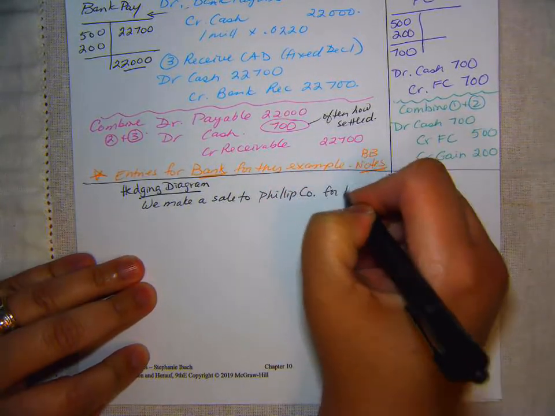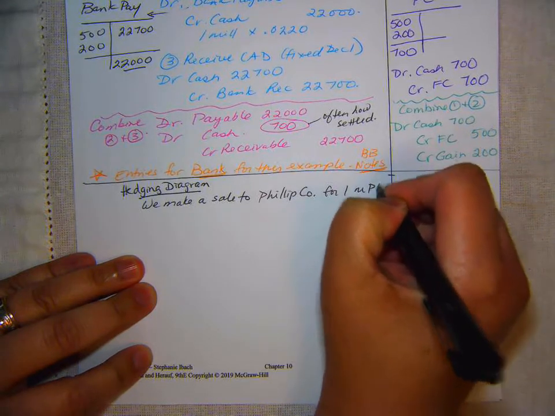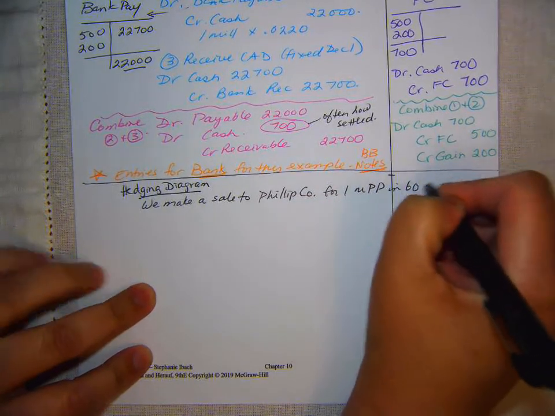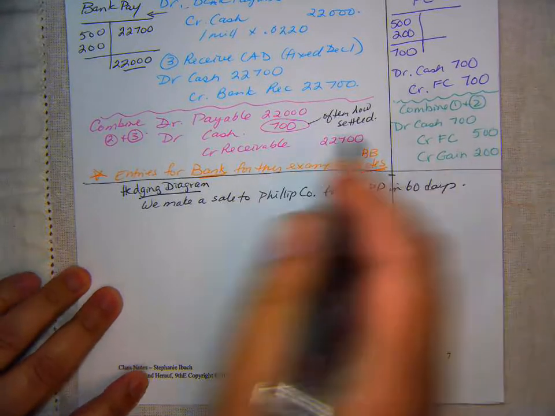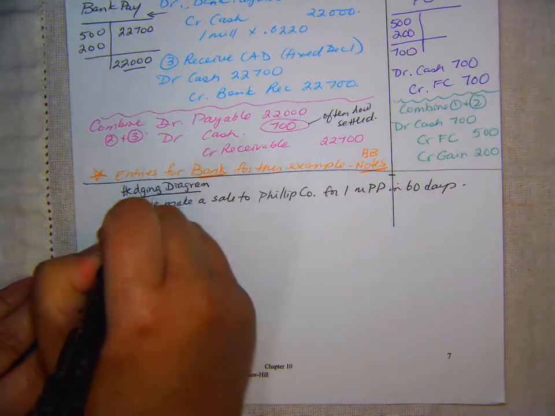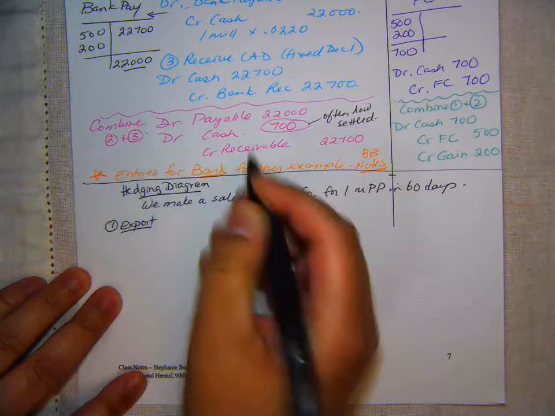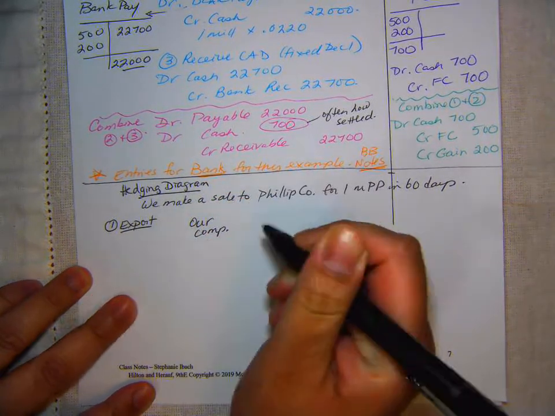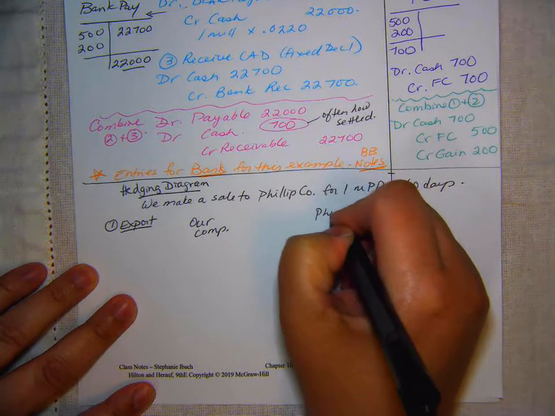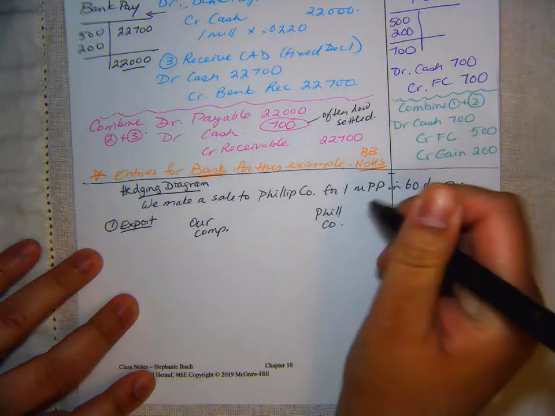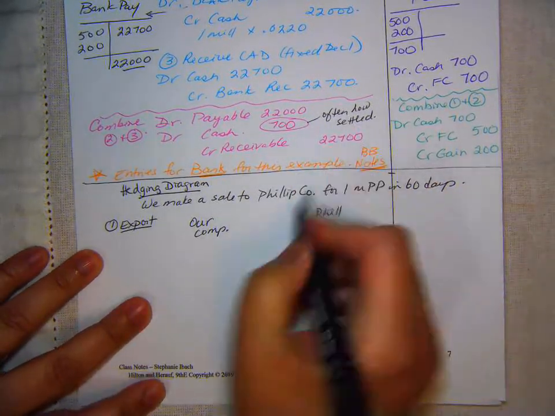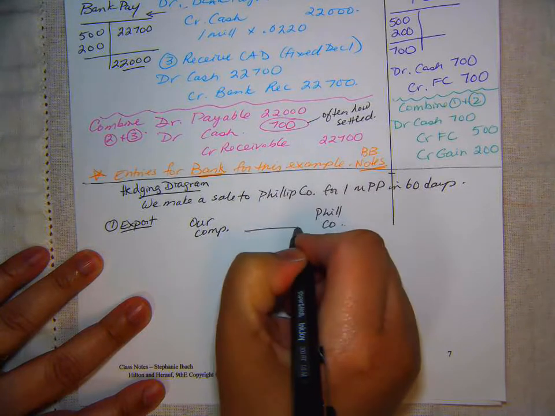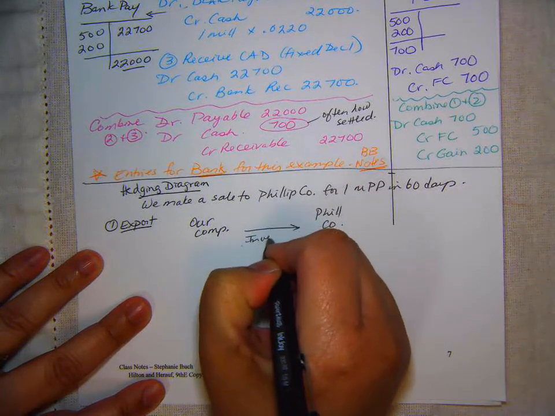So this is our export. Our company, the Filipino company, and we're making a sale, so inventory is going this way, and we are going to get 1 million Filipino pesos in 60 days.